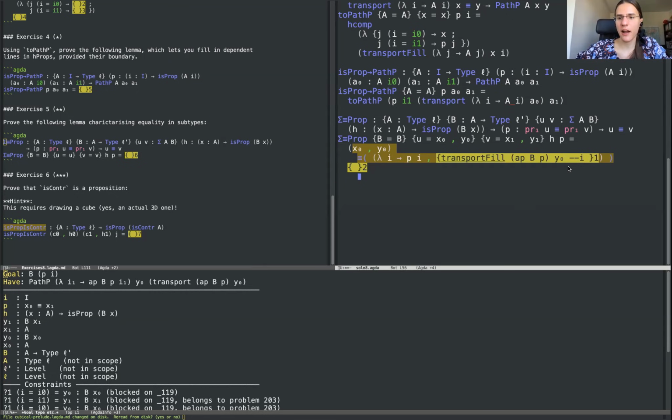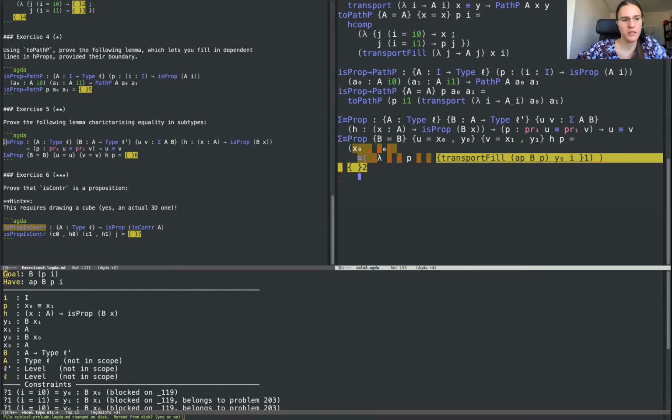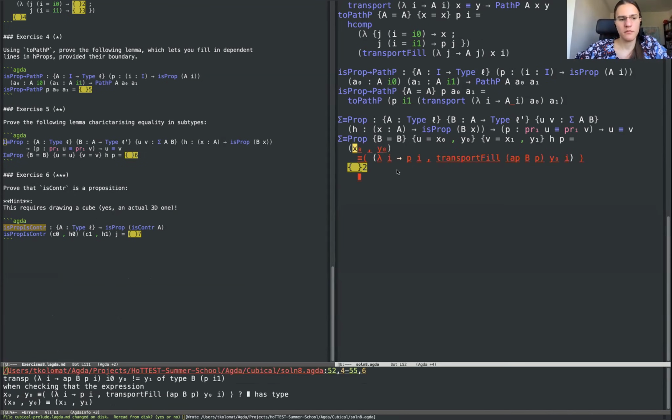But if I evaluate it at I, then I get something that exactly lives in here. And so that should be happy. Except for the fact that it's not happy. Oh, because, of course.